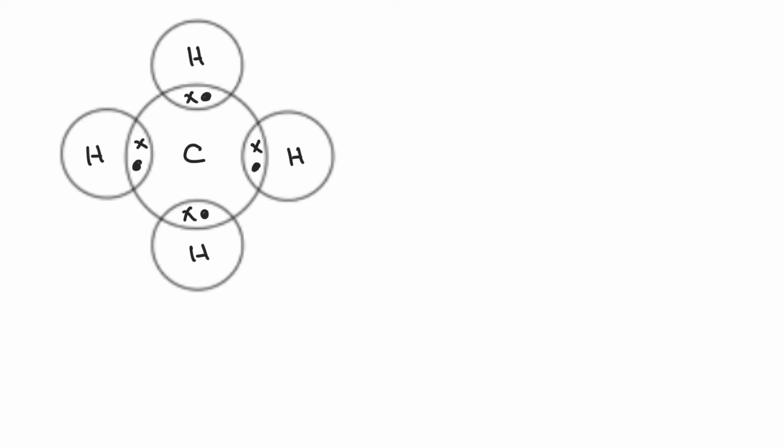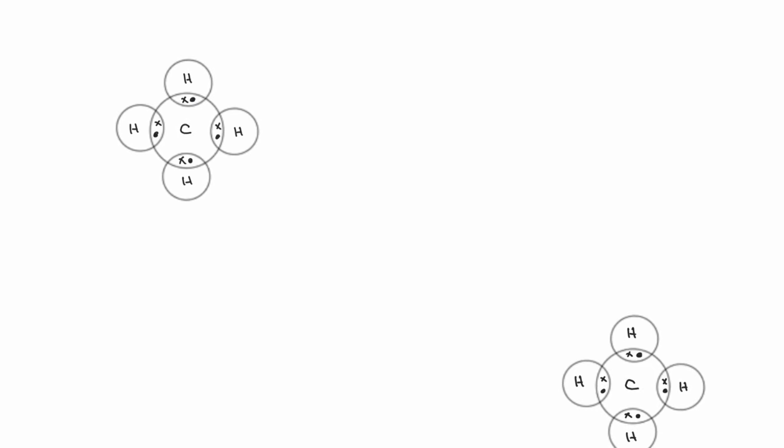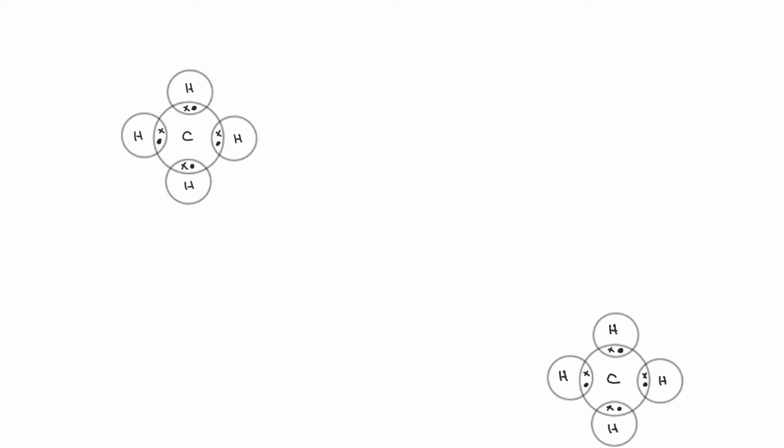Well, the answer is that when you boil something like this, you are not breaking covalent bonds. You are overcoming intermolecular forces of attraction. Now, between each molecule, we've got intermolecular forces of attraction which are weak. So I can show those like this.